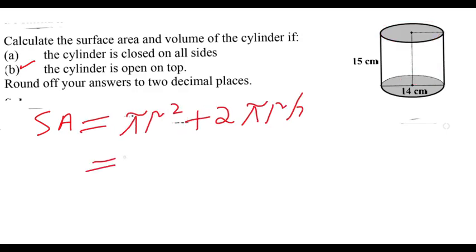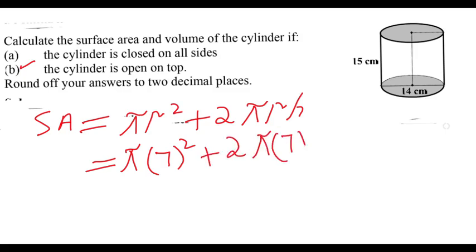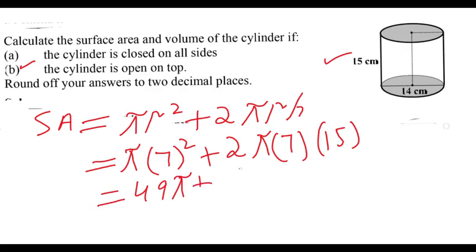So the pi is as is, and the radius we got 7 squared plus 2 pi, radius is 7 and the height is 15. I'm going to use my calculator. So this is going to be 49 pi plus this becomes 210 pi, and I use my calculator, 259 pi.